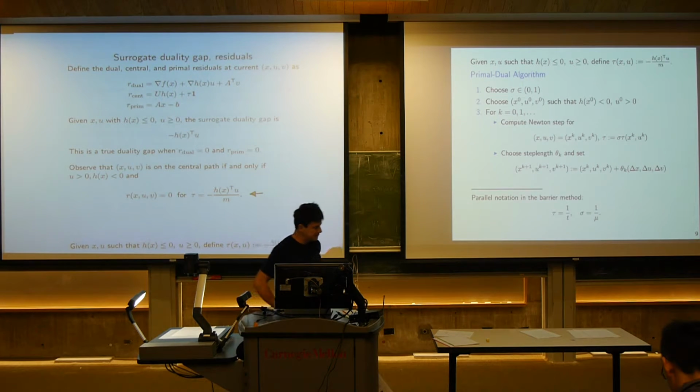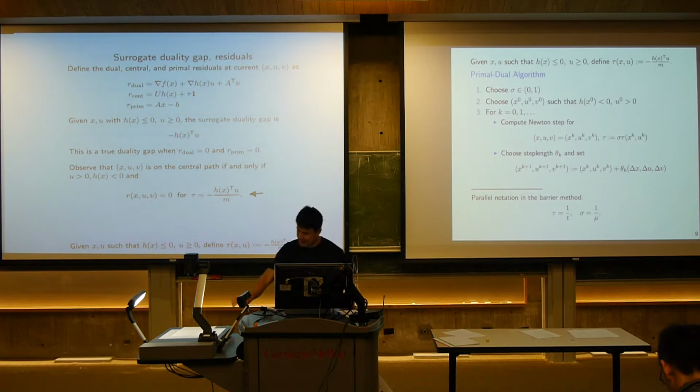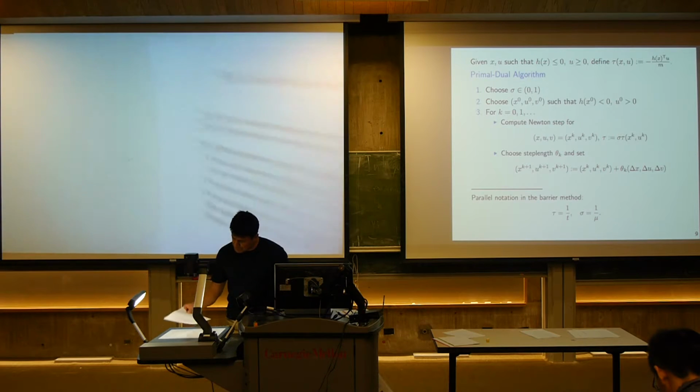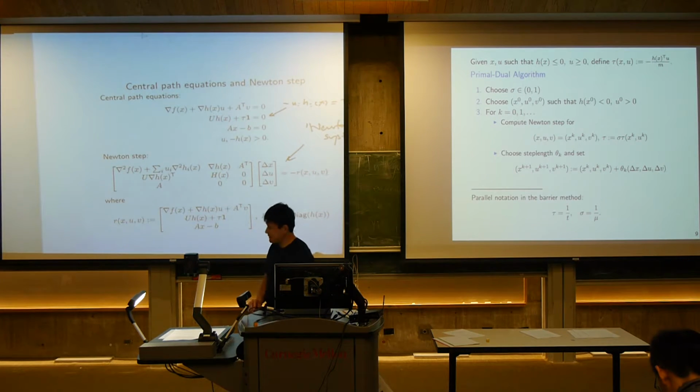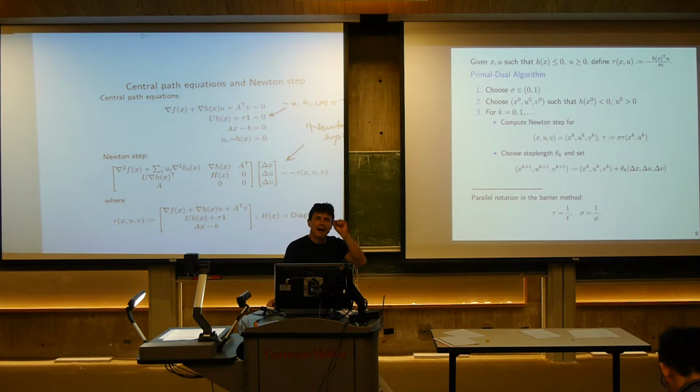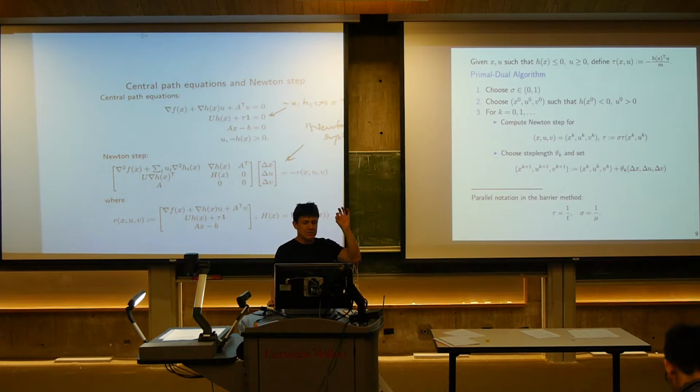Then we compute the Newton step. So the Newton step, I had it back here. We compute the Newton step, that is, we solve this system of equations. That gets us the Newton step at the current point. Okay? So we compute this at the current point, so the x, u and v here would be the current xk, uk, vk.